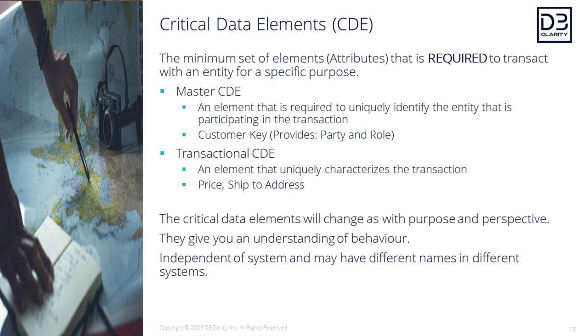Is it a sale? Is it a new customer onboarding? Is it a customer service event? What is happening? What is the event? Those critical data elements, as we discussed last time, do change as you change the purpose. So for a sale versus a purchase, for a new customer versus a customer service event, etc.